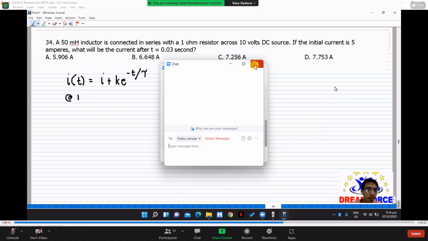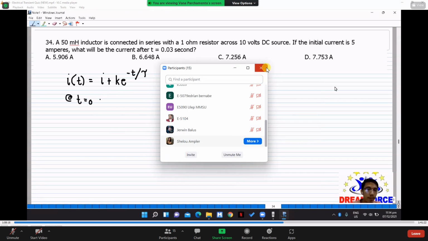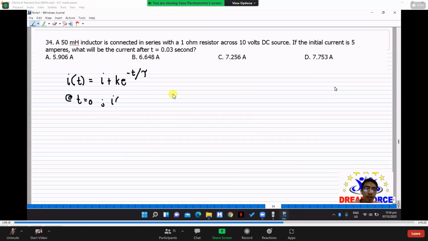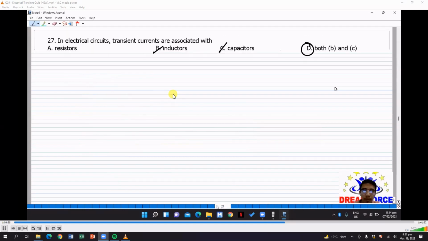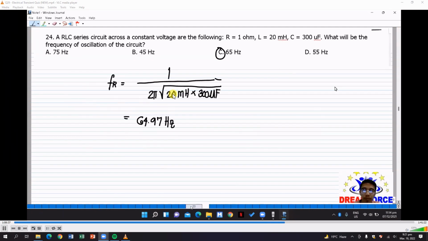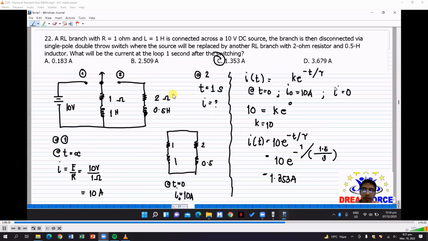So from here at t equals 0, meron daw siyang I as a function of t na 5 amperes. So from here, ulitin ko lang yung kanina, bakit naging 0? Okay, ito, bakit inalis ko kanina yung I dito? Bakit equal to 0?